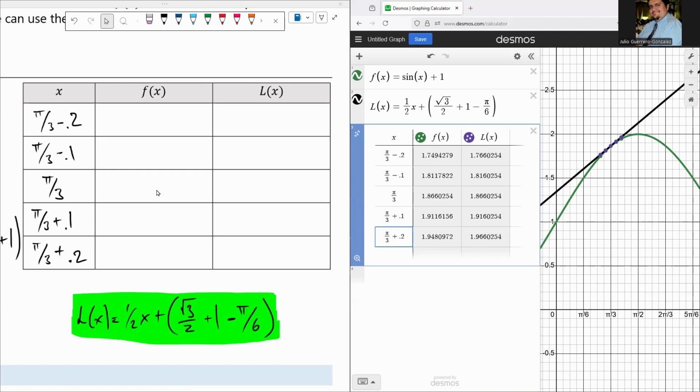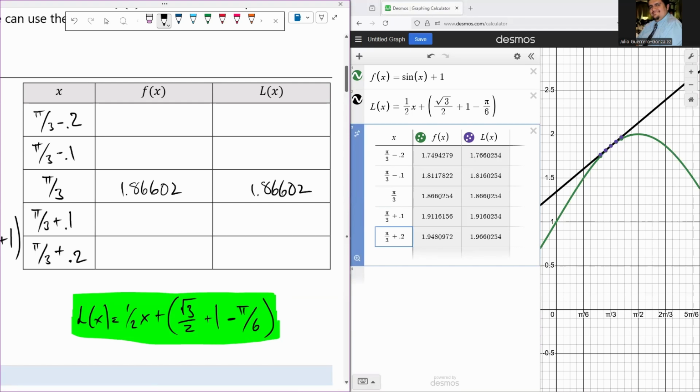So let me copy down some values onto the left-hand side of the screen here. 1.86602, 1.86602. Those were supposed to be equal.